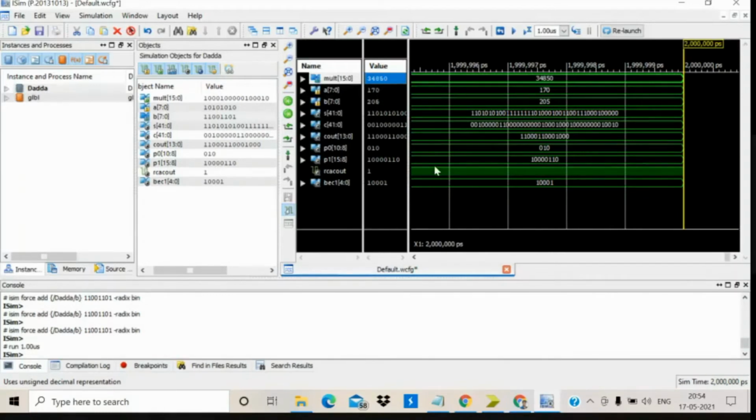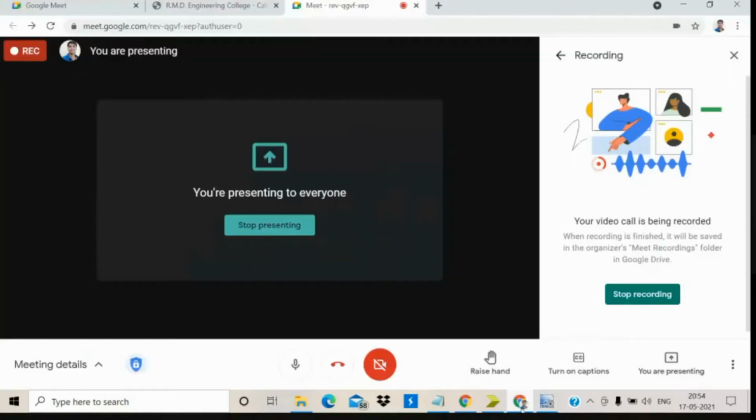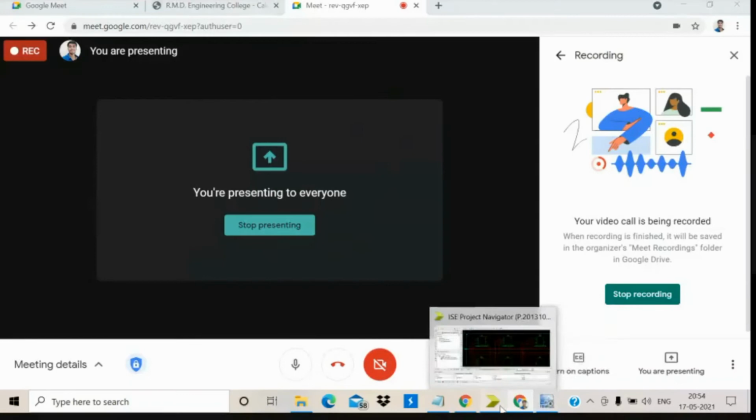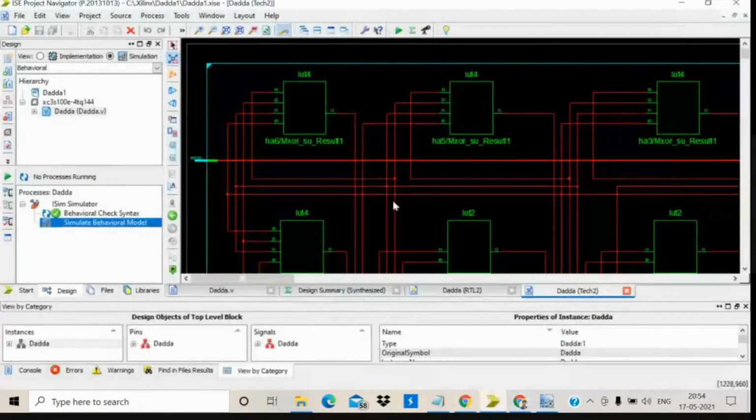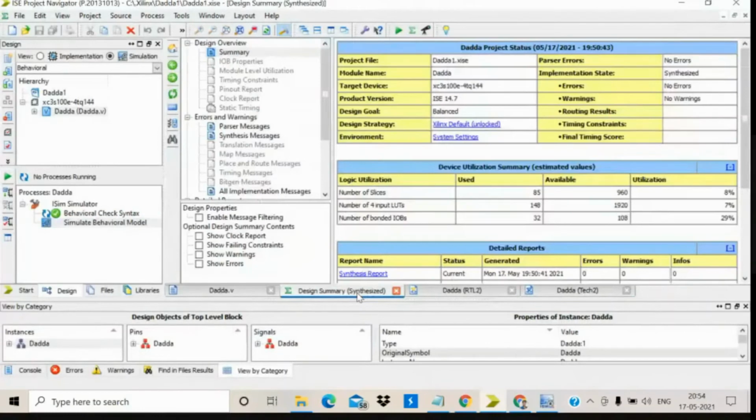So this is regarding the simulation process, and the implementation process we have seen earlier, right? So this is the implementation process. Now let's look into its design summary, guys. That means we can see the area of the proposed design for implementing this data multiplier.